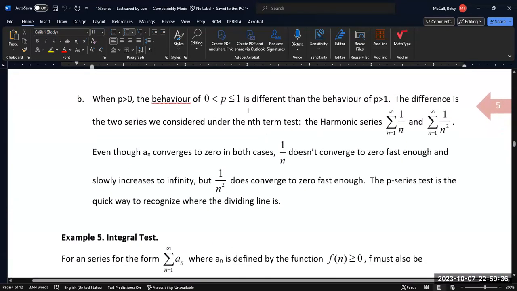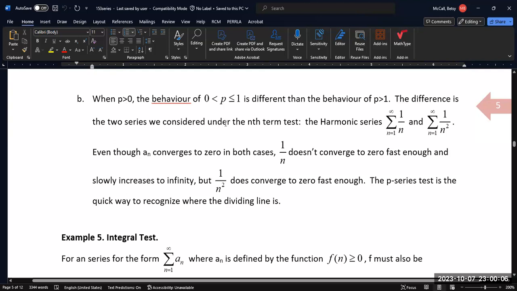When p is in between 1 and 0, the terms will be going to zero, so the nth term test will no longer apply, but you can actually establish, again using the integral test in the next video, that in fact those series, even though the terms are going to zero, fail to converge.